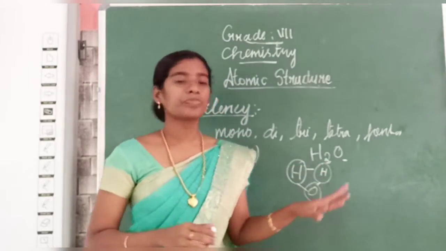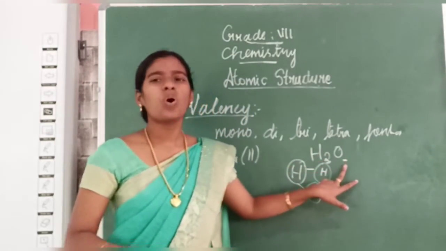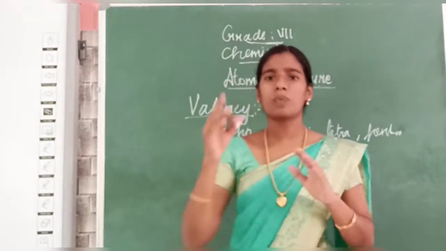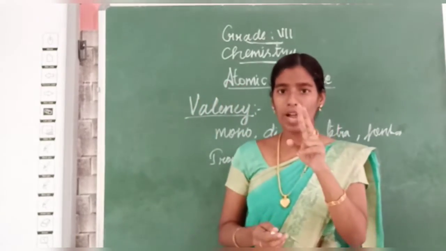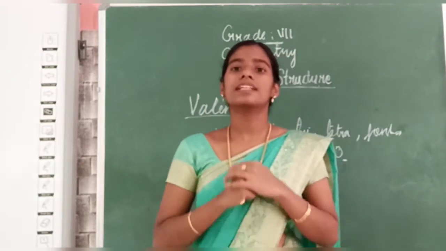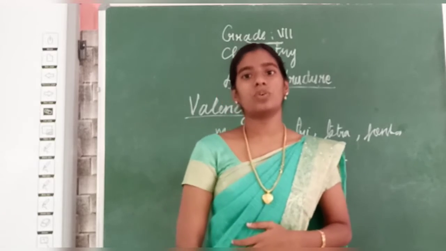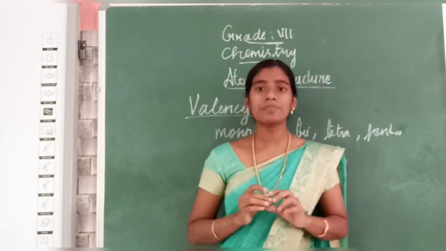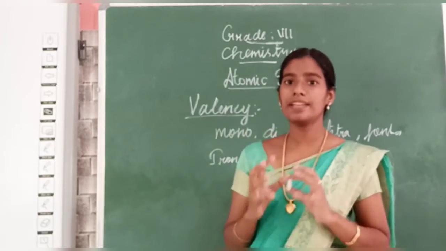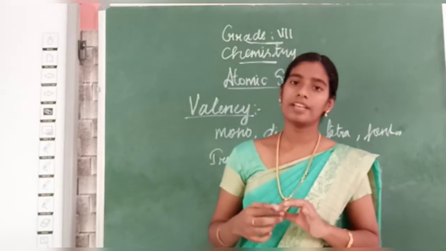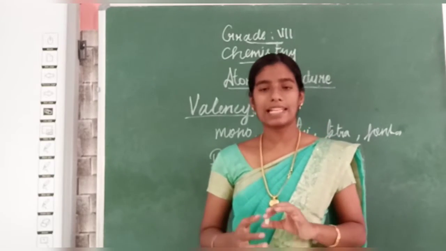It requires 2 hydrogen atoms and 1 oxygen atom to form a water molecule, and when they are combined they form the water molecule. Clear what is a valency? The number of atoms required for combining the elements in a compound or molecule is called a valency.